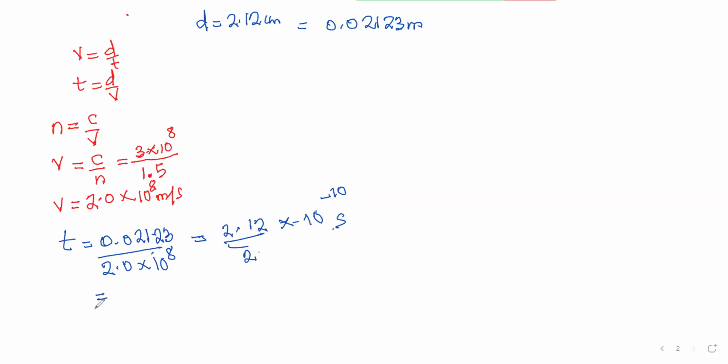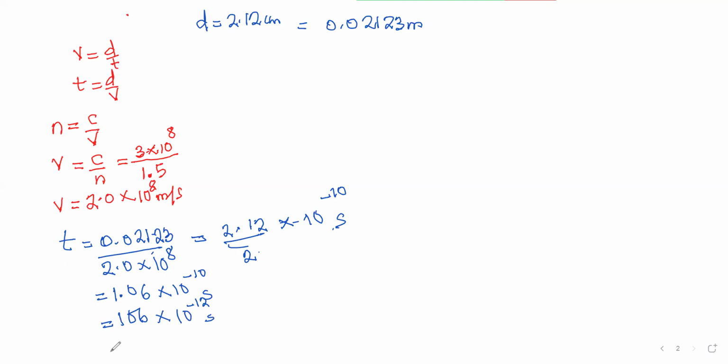What is 2.12 divided by 2? 1.06. Right? Yes. Okay. So 1.06 times 10 to the power negative 10 seconds, or 106 times 10 to the power negative 12 seconds.